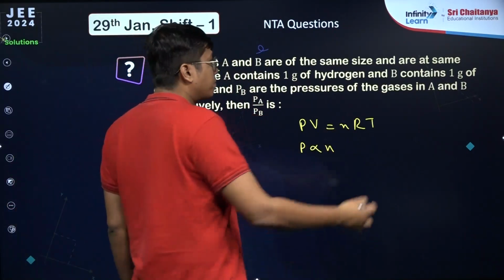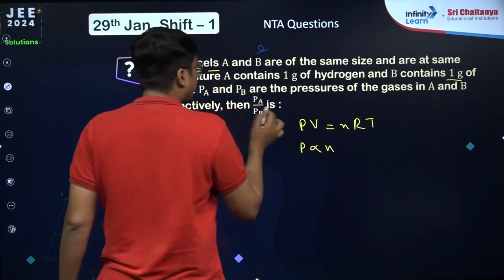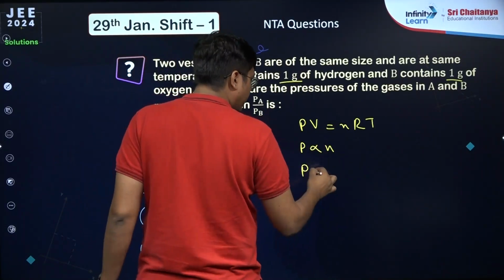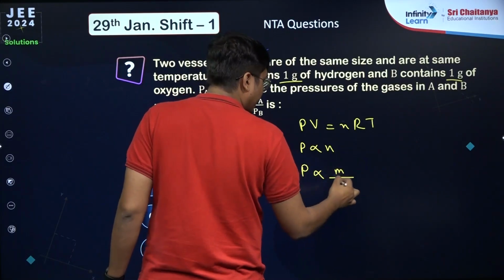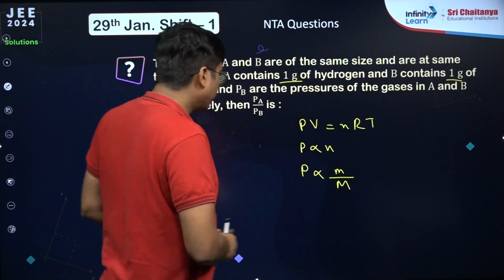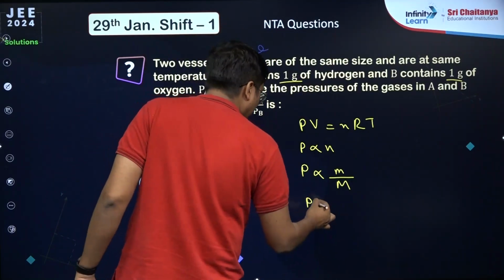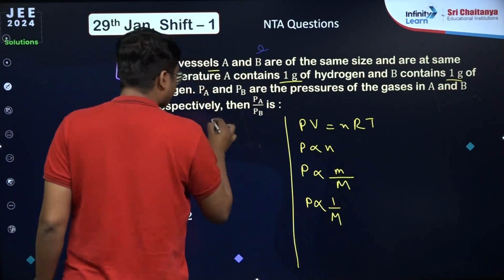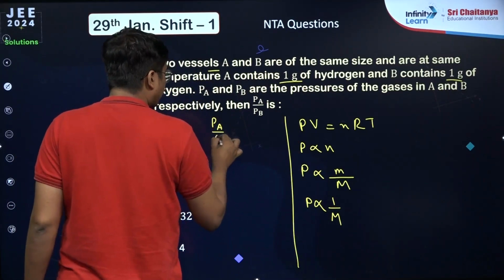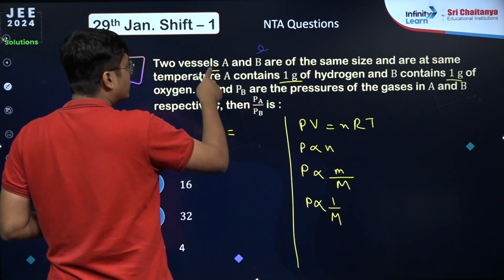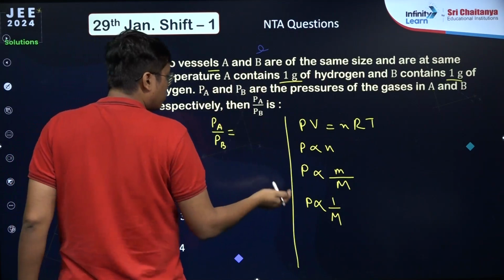They both have the same mass, 1 gram. But the number of moles can be written as mass divided by the molar mass. Now since for both of them the mass supplied is the same, you know that the pressure is just inversely proportional to their molar masses, which means PA by PB is just equal to, A was hydrogen, inversely proportional to their molar masses.